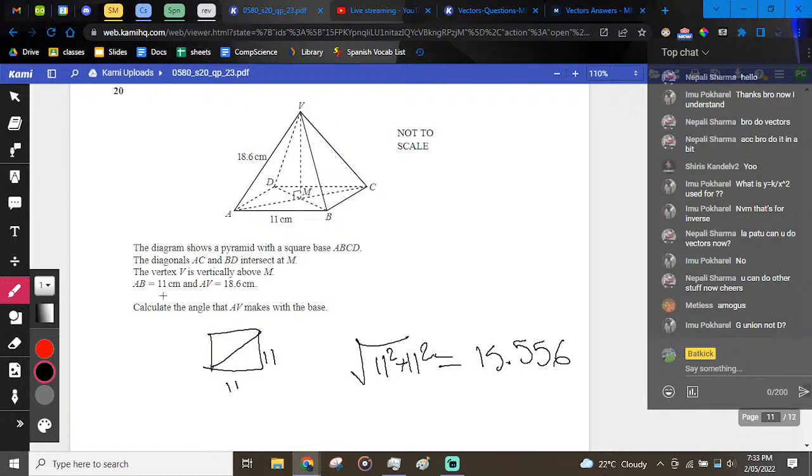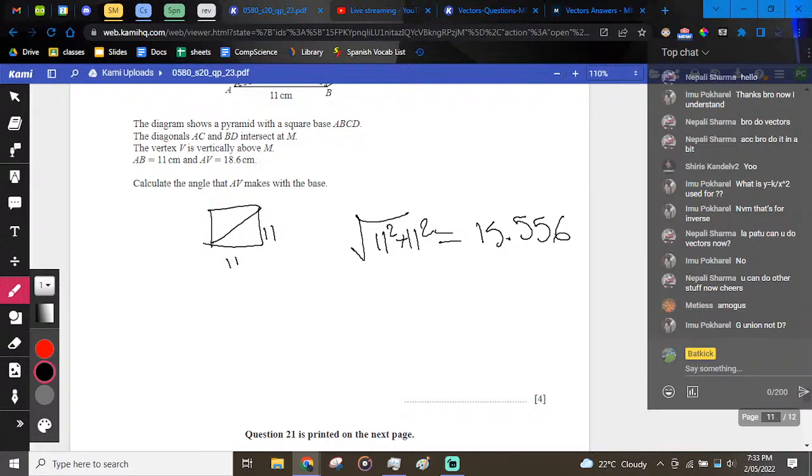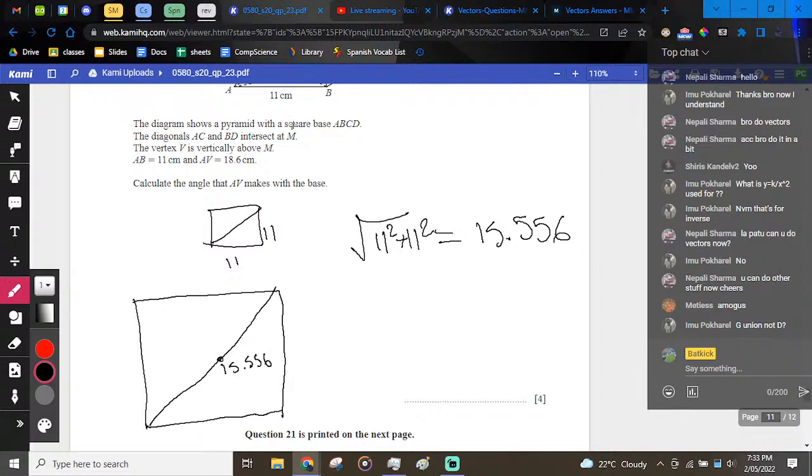Now we know that with the base, let me draw it. This is the base. This long line is 15.556, and dividing it in half, I get 7.778 for each.